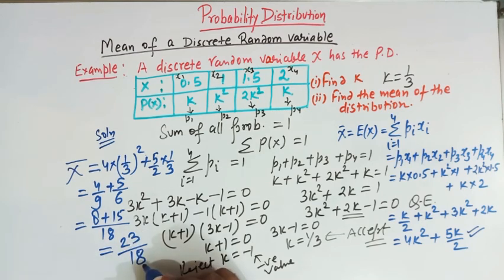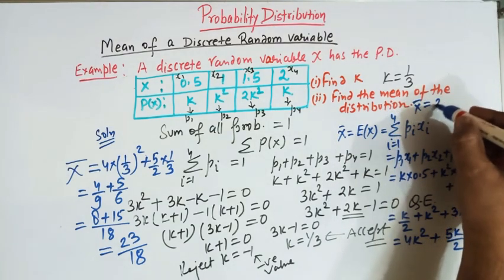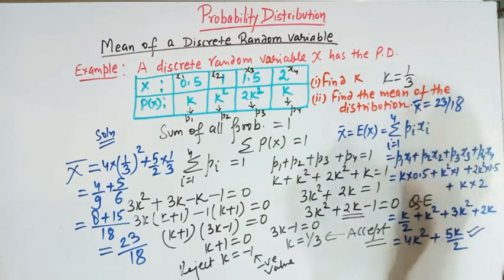So 23 divided by 18 is the mean of this distribution, right?